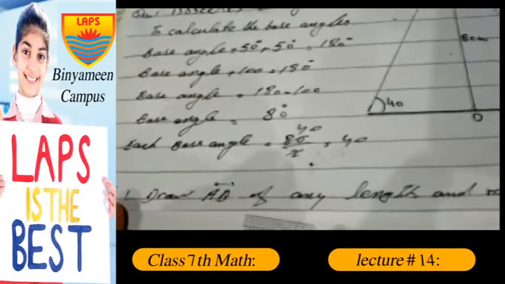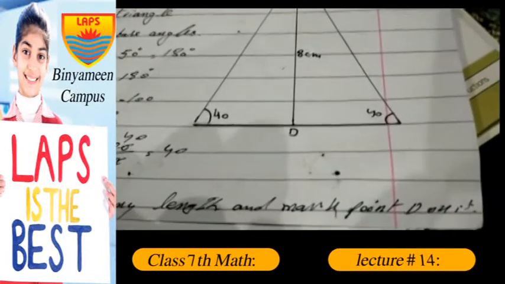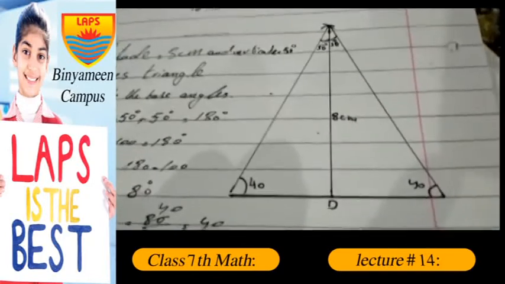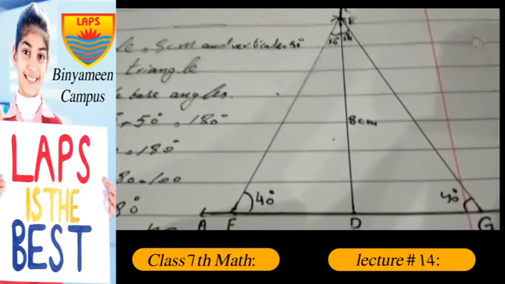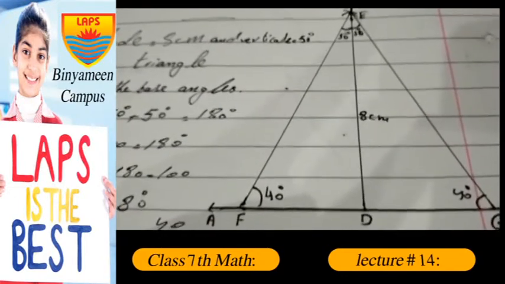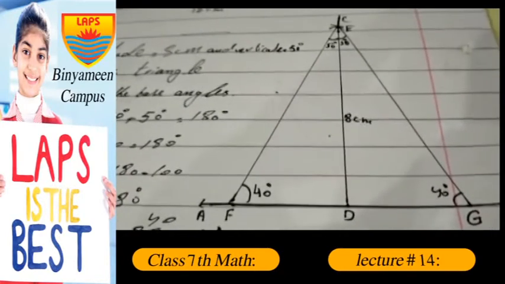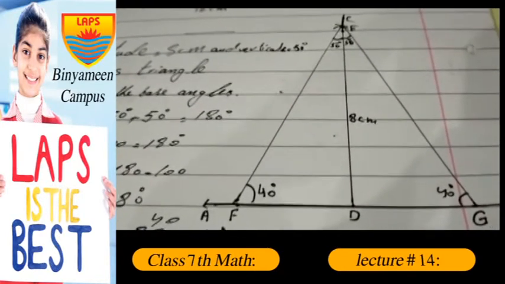Step 2, draw AB of any length and mark point D on it. Step 3, draw CD perpendicular to AB.